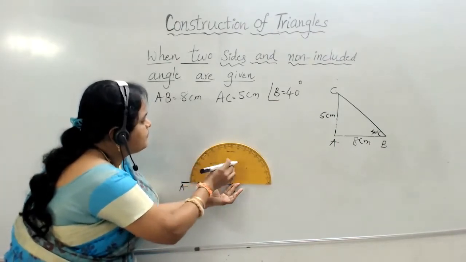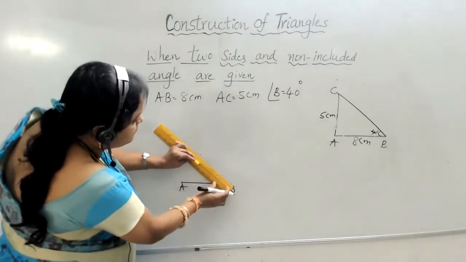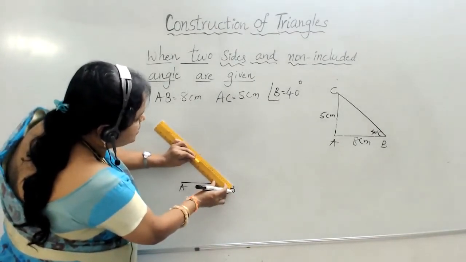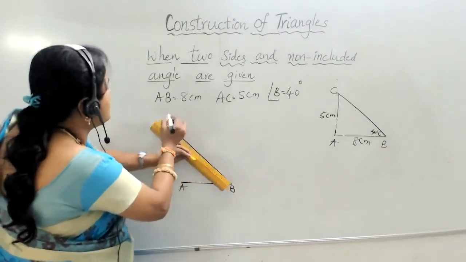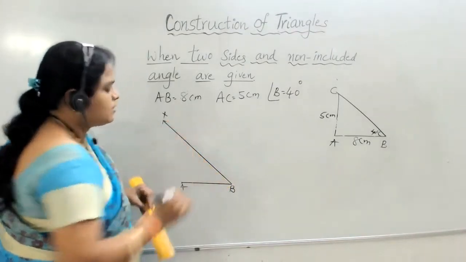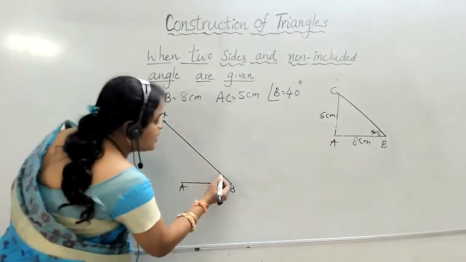Now draw a ray and extend BX. This BX ray makes 40 degrees.